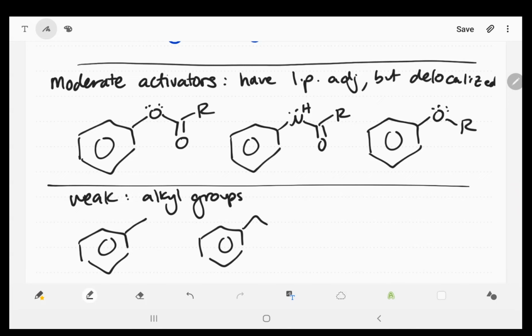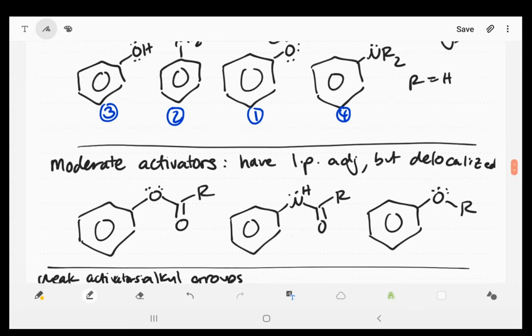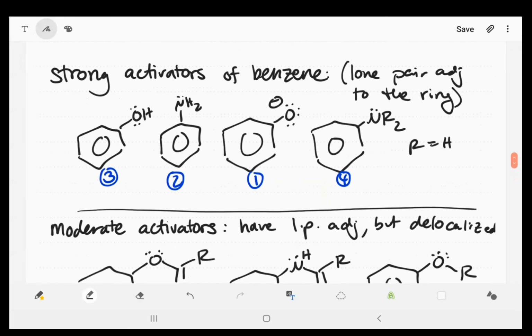Any sort of alkyl group will be weakly activating. So they're weak activators. You can have as many alkyl groups as you want. Those are going to be weak activators. So they still activate your ring. They make it more reactive, but not nearly to the level of the moderate activators, and even better than the moderate activators are the strong activators.